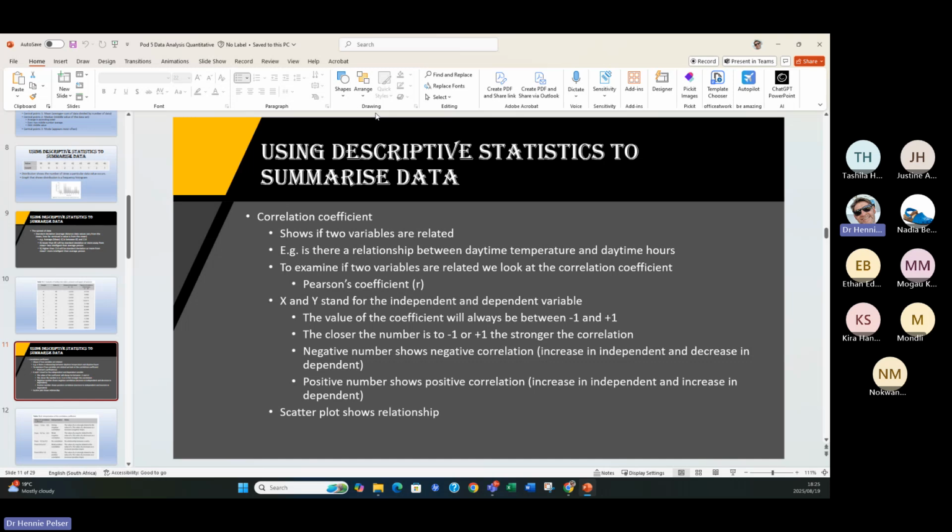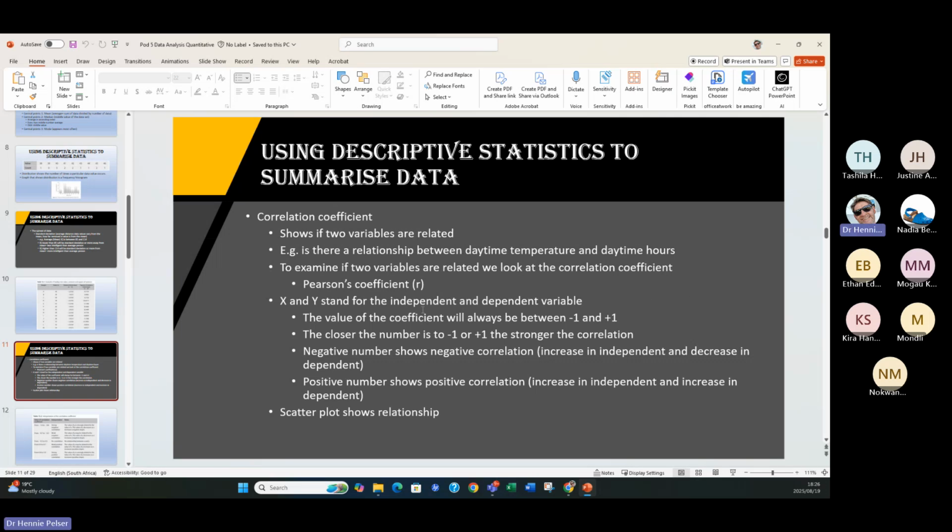And to look at that relationship, we are going to use Pearson's coefficient. And you'll see the X always for the independent variable, so the variable that we manipulate, and then the Y, the dependent variable, how that manipulation of the independent variable will play out on the dependent variable.